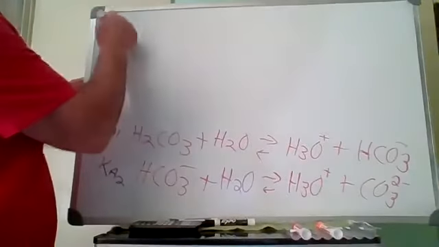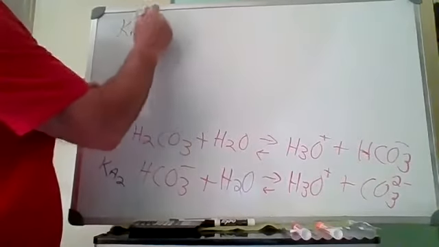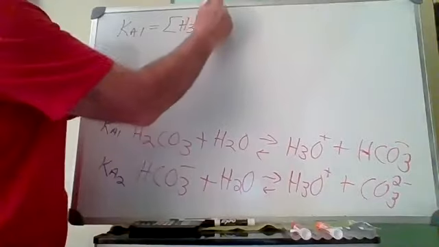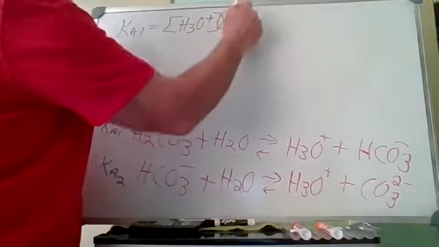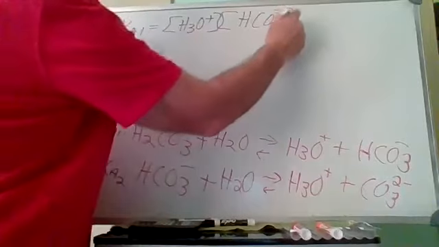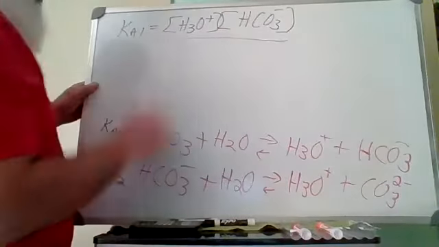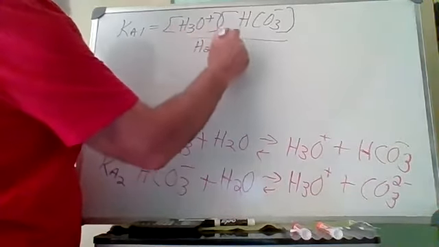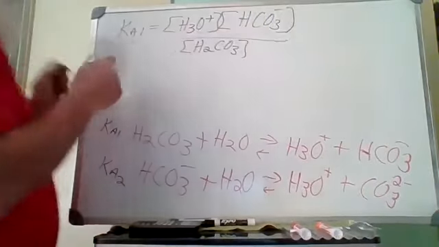Ka1 equals products over reactants, so H3O+ times HCO3-, hydrogen carbonate, divided by the concentration of the free acid. All right, so there's Ka1.